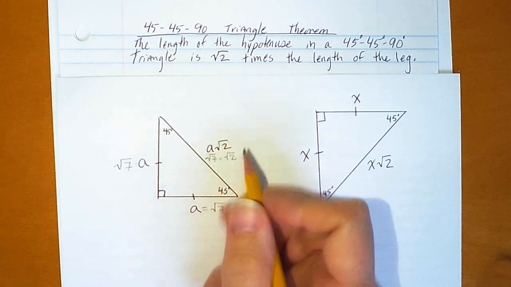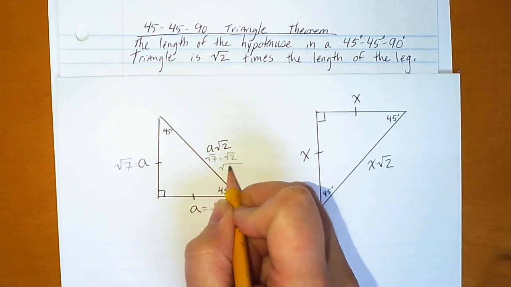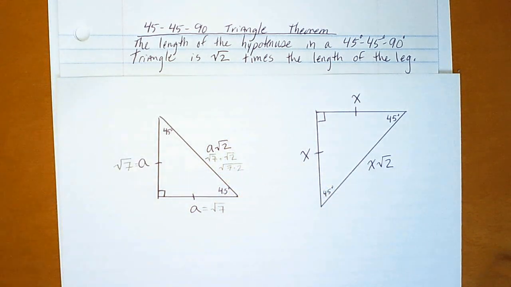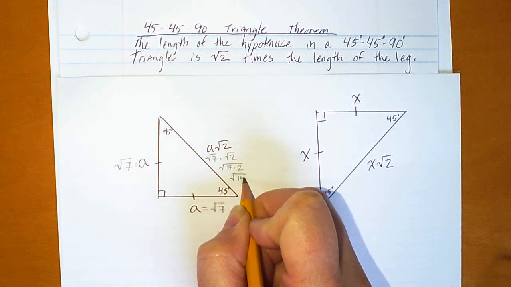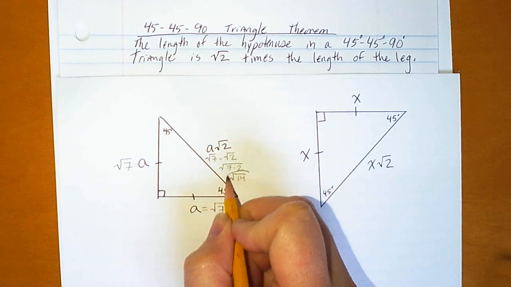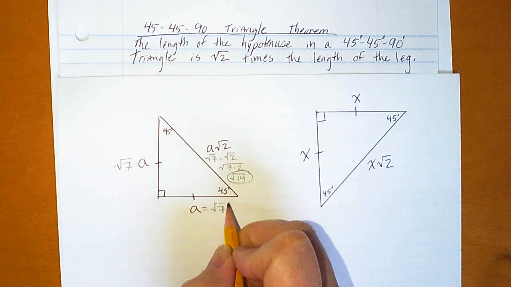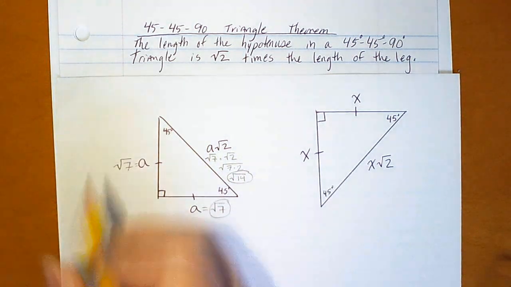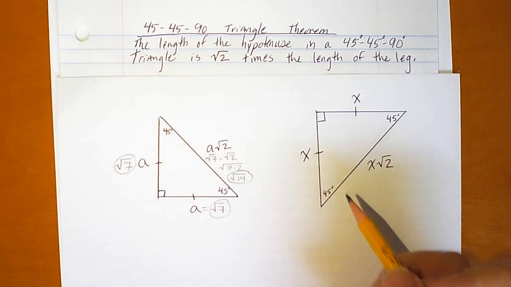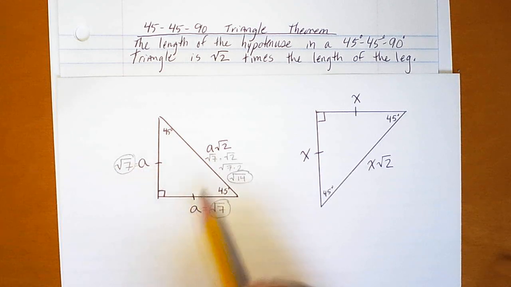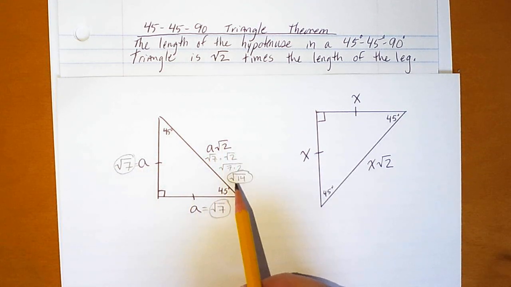Root 7 times root 2, well, that's the same as doing 7 times 2 underneath the square root, and we get the square root of 14. So the hypotenuse was root 14, this leg was root 7, and this leg was root 7. Notice that you can't see the square root of 2 in the final answer, but that the value of the leg was multiplied by root 2 in order to get that answer.